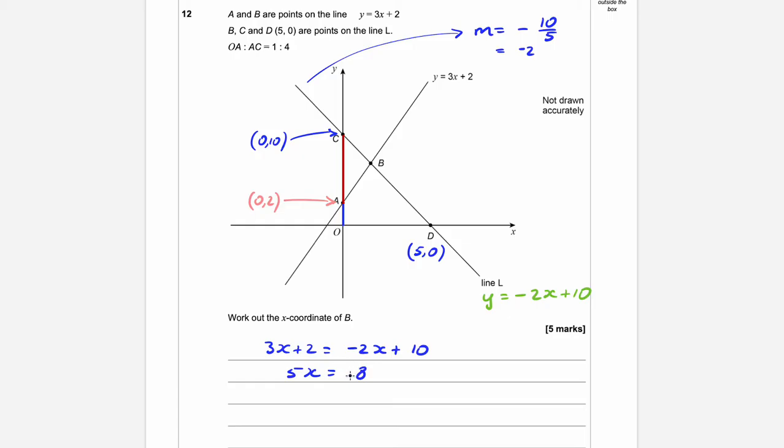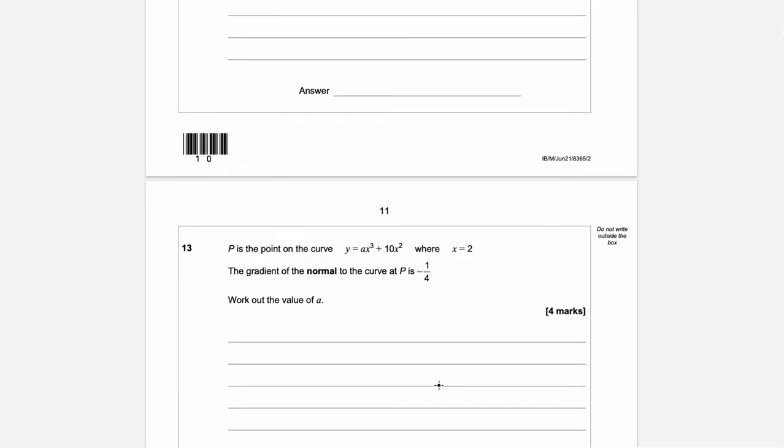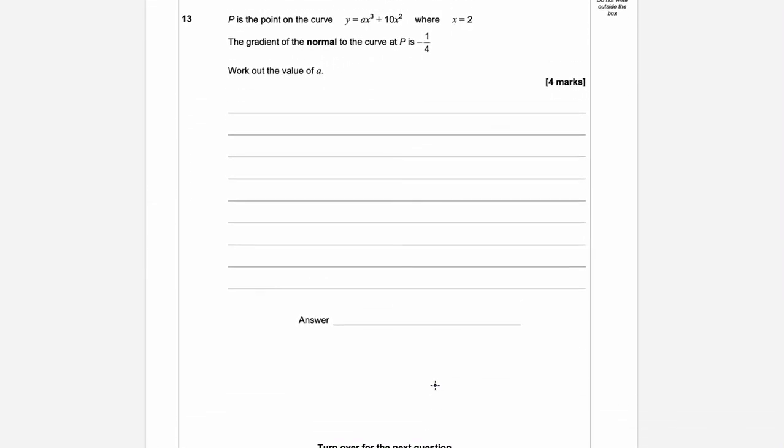So x is equal to 8 over 5, or 1.6. That's 1.6.